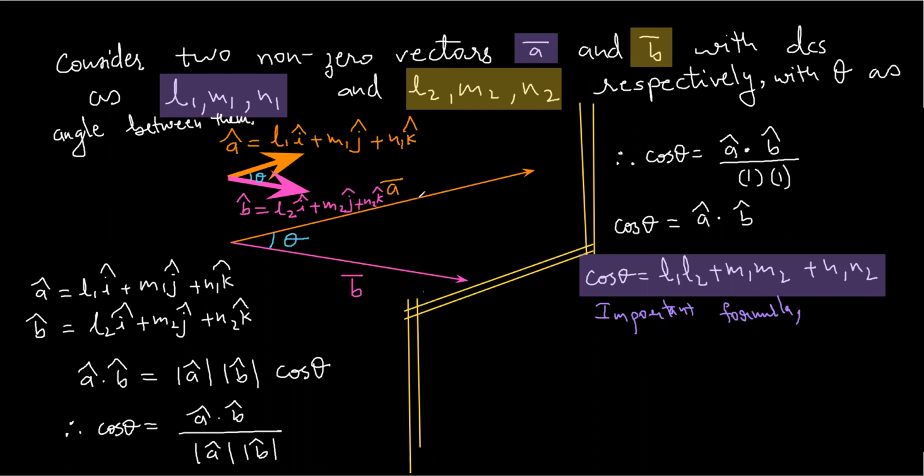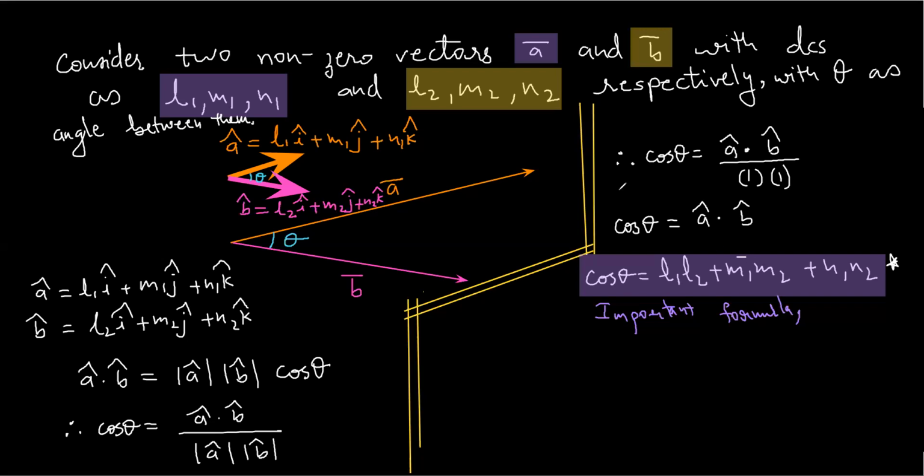So if you have two vectors having DCs L1 M1 N1 and L2 M2 N2, then the angle theta between them can be found with the help of this formula, L1 L2 plus M1 M2 plus N1 N2. After calculating this, if you are getting a positive value, it means theta is an acute angle.